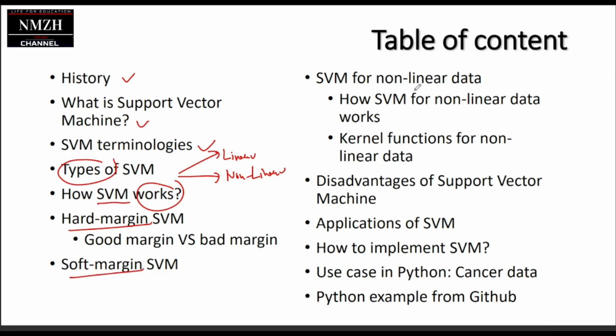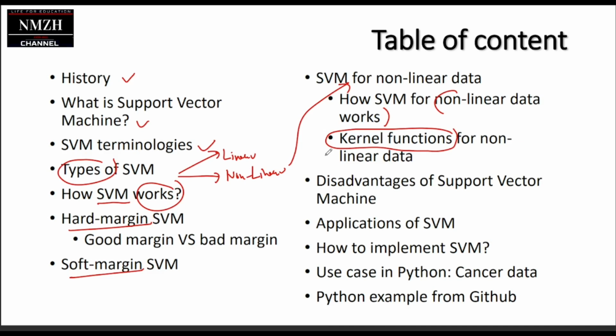later on we will focus on non-linear data, and particularly how the non-linear data work and the application of the kernel function. Then a discussion of the disadvantages of support vector machine happens, I guess, nearly at the end of this slide. And we will talk about the application of SVM.